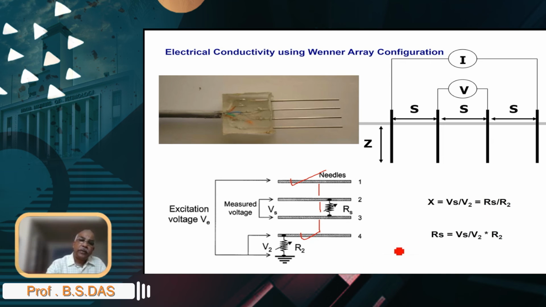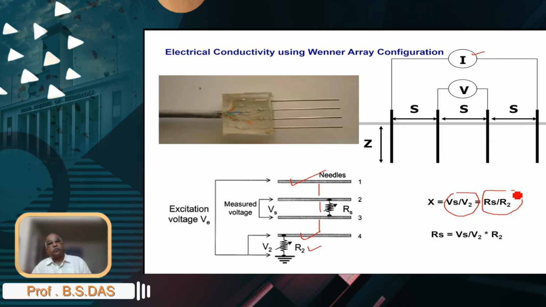Again, a bridge measurement can be designed where you have a known resistor R2. If you have a constant current source, you get the ratio of the two voltages as equal to the ratio of the two resistors, from Ohm's law.